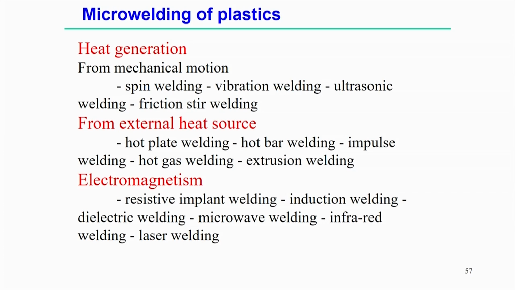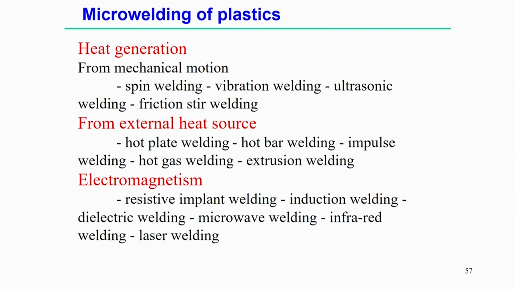In all these cases the heat is generated by the mechanical motion of the material. The second category is external heat sources: hot plate welding, hot bar welding, impulse welding, hot gas welding and extrusion welding, where the heat source is externally applied.